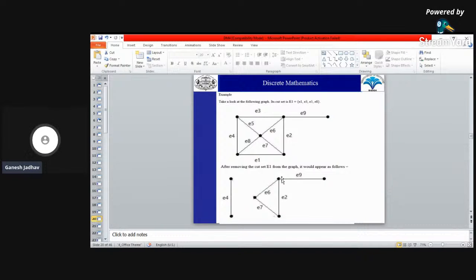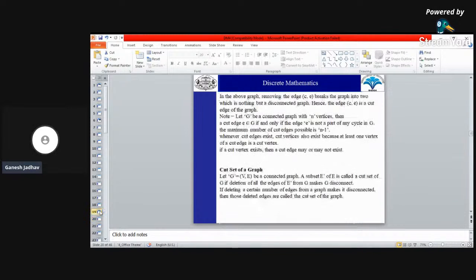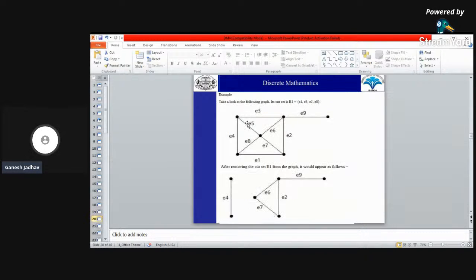You can remove them. So this is the cut set of the graph. You have to cut this graph into two parts, so you are required to delete these edges. Then you get one graph and another graph. Which are the edges you have to remove?